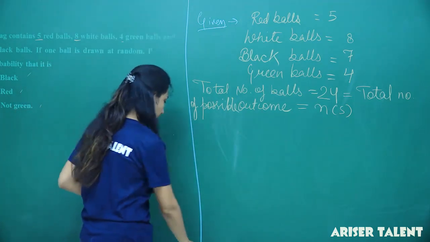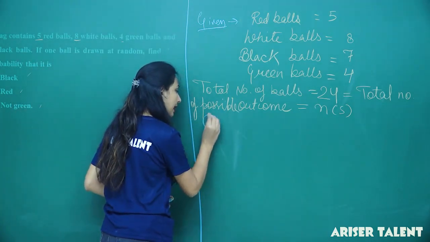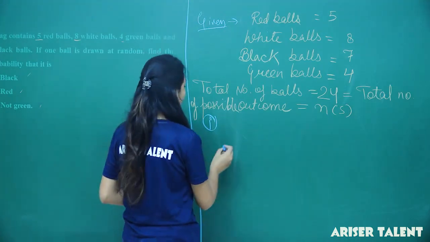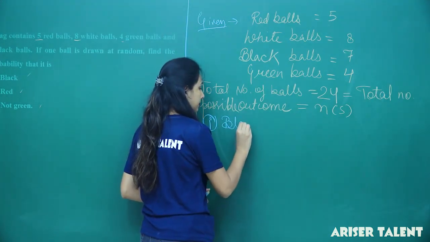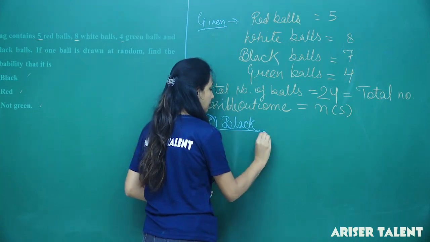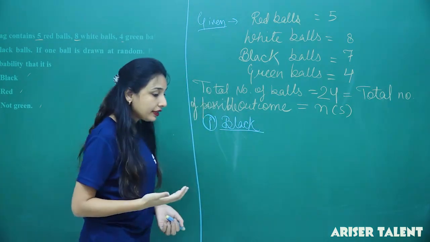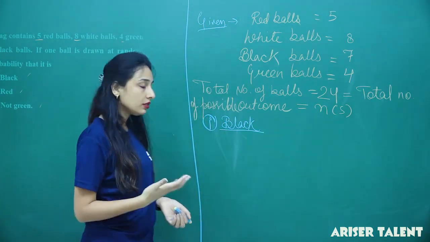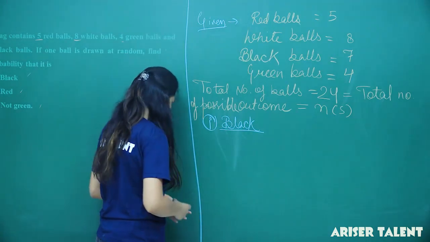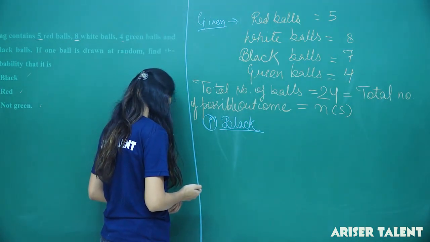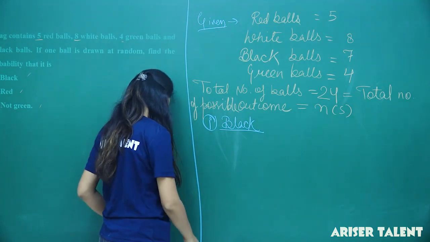Now, first point I am asking for the black. Probability of getting that black ball is what?